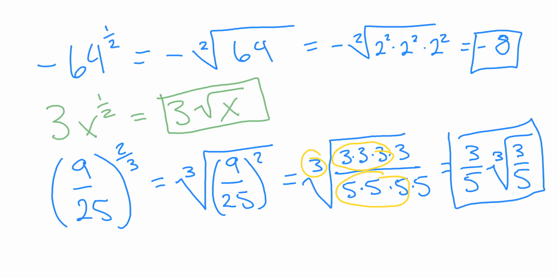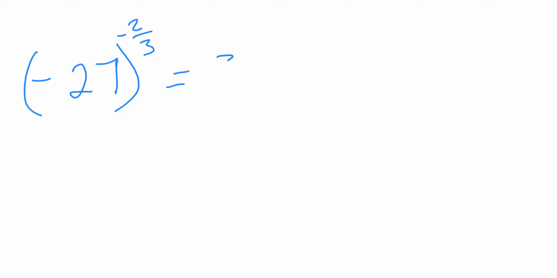And then our final example, -27 to the -2/3 power. Now here we've got parentheses around our -27, which means that the negative is included under the radical. So again, we are taking the third root of -27. And then that whole thing is being squared.